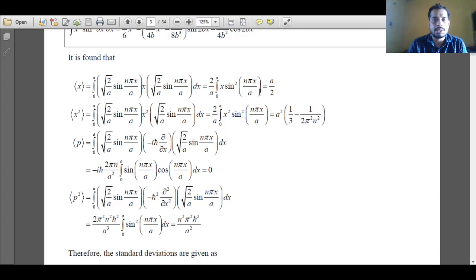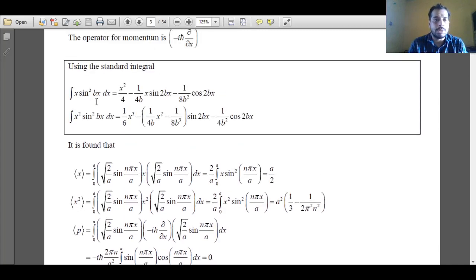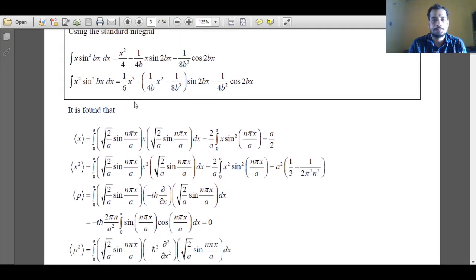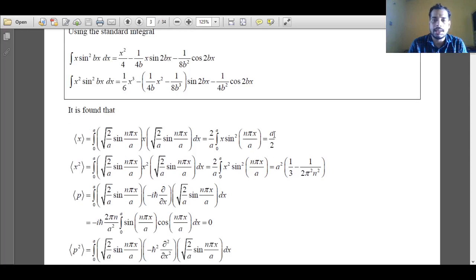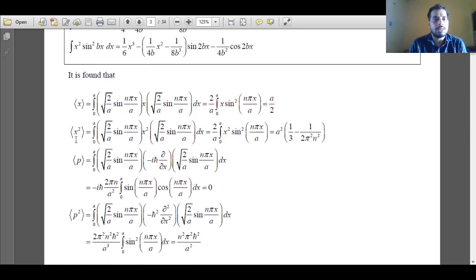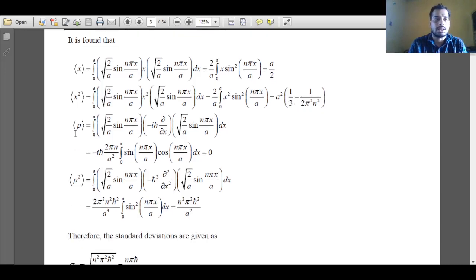If I consider this quantity as theta, then I can apply the standard mathematical integral. Here I am missing a dx term. Then I can use this standard integral and I get the value a over 2. Similarly, the expectation value for position square can be found as a square times 1 over 3 minus 1 over 2 pi square n square. The expectation value for momentum is 0.